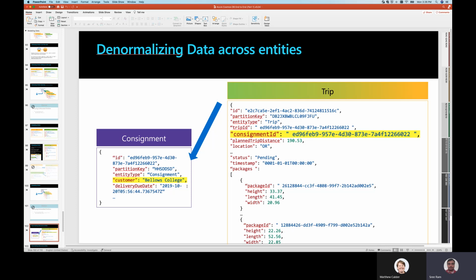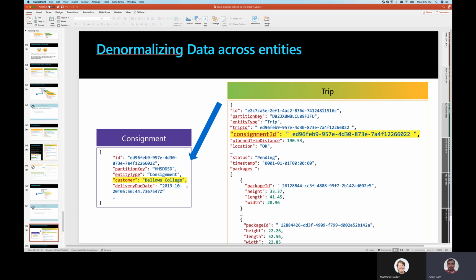So let me cover the last concept in designing. This is called denormalizing the data. So in data denormalizing, you have consignment, you have trip, and you have customer here. So what if on the trip you have this consignment ID, but you also get the customer onto this, right?